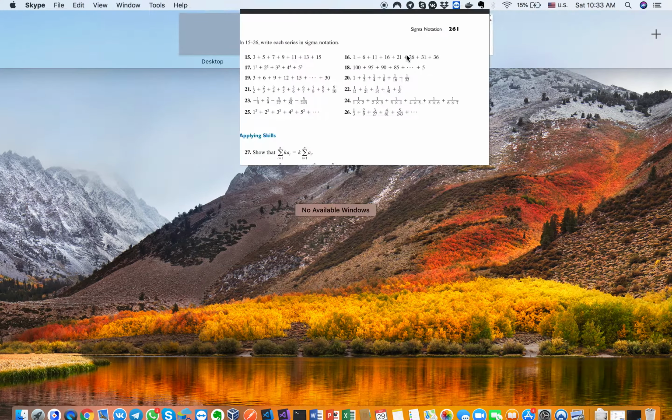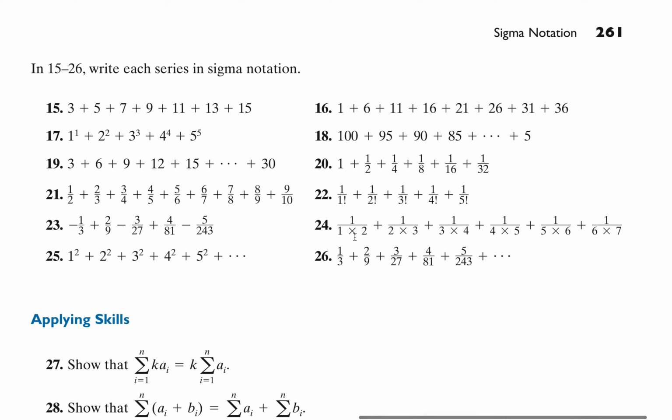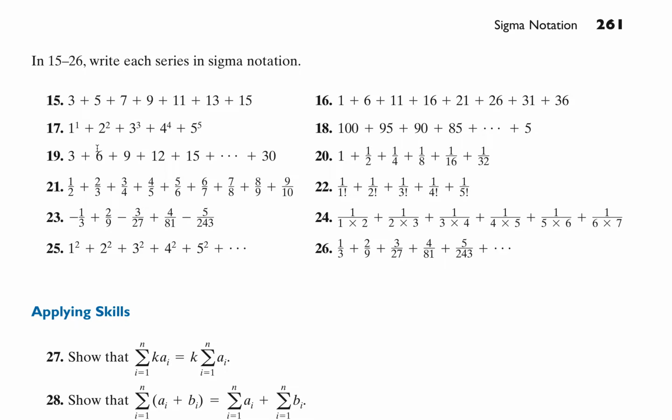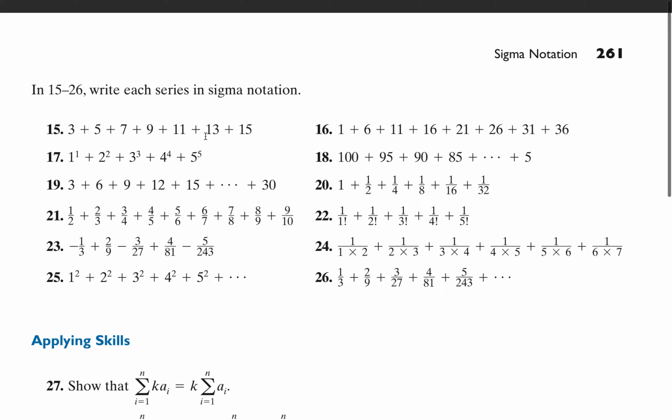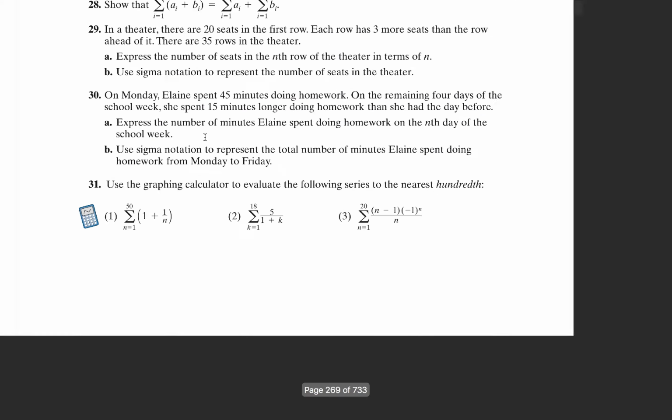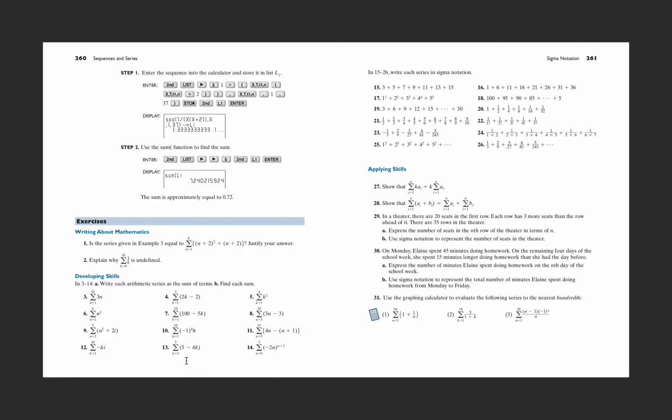We just leave it like it is. 17: 1 to the power of 1, 2 to the power of 2. We have a sequence which, I think, we have solved something like this already. It's more likely power of 2.